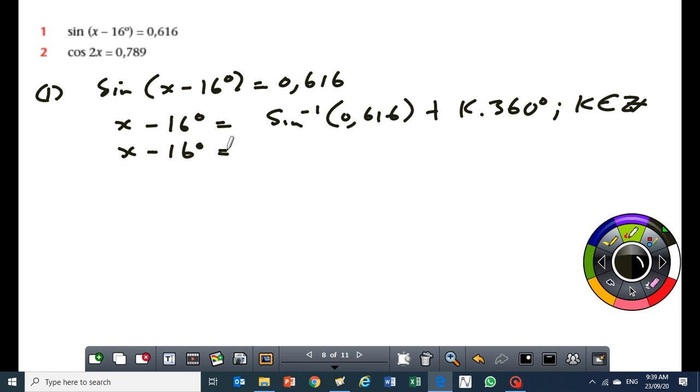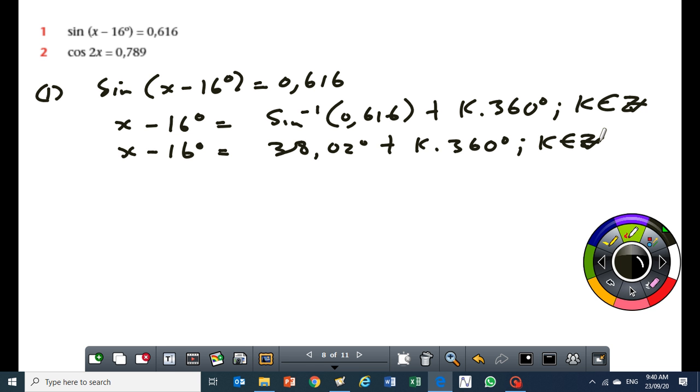What is the angle here? It is 38.02 degrees plus k times 360, where k is an element of z. You need to carry on writing k is an element of z. If you don't write that k is an integer, your answer becomes wrong.